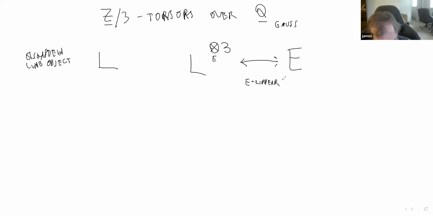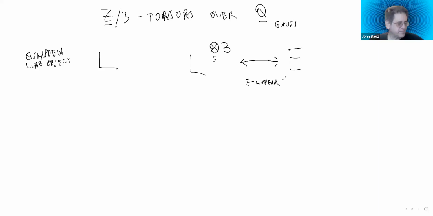E for Eisenstein. And I'm getting mixed up. Is E an Eisenstein line object? Yes, it is the trivial Eisenstein line object. Okay, so L is just some variable one. L is an object variable. Yes.